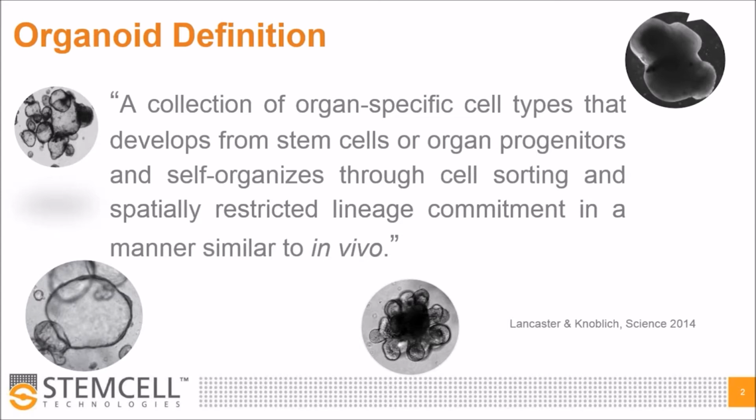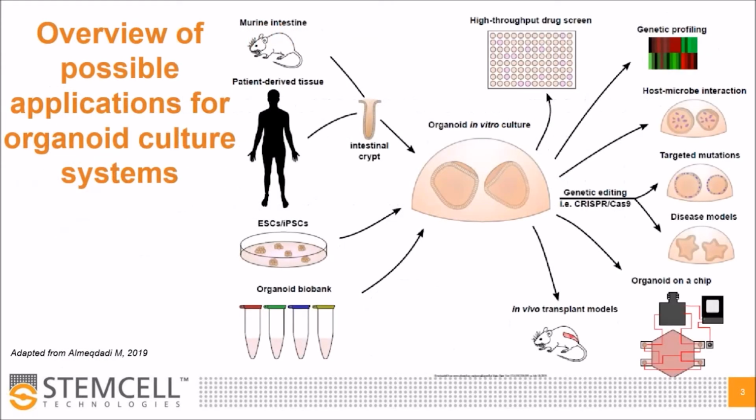As described by this definition, organoids, for example intestinal organoids, can be generated from crypts isolated from mouse models or patients, and can also be generated from human embryonic stem cells or human induced pluripotent stem cells directly differentiated into organoids in vitro, or by reconstituting organoids derived from biobanks.